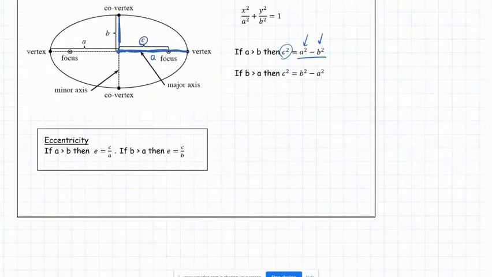Okay, another quantity that we need to be able to calculate with an ellipse is the eccentricity. So eccentricity tells you how circular the ellipse is. So if it's a perfect circle, the eccentricity is 0.